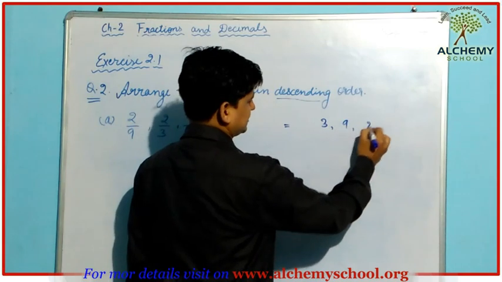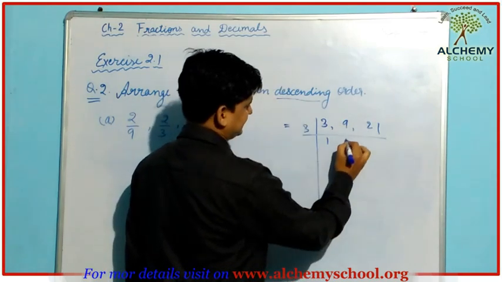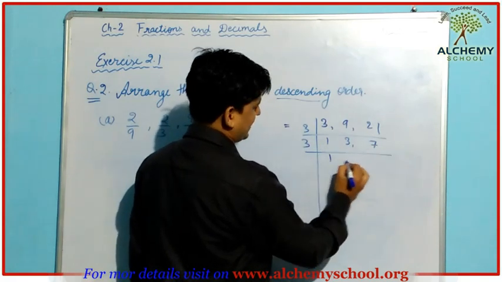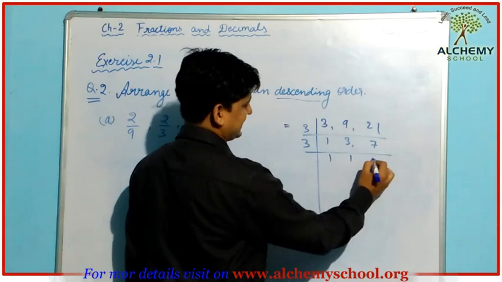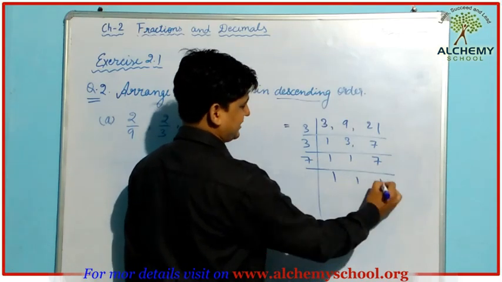3, 9, 21. 3 1s are 3, 3 3s are 9, 3 7s are 21. 3 1s are 3, and then 7, and after that 1 1 1.